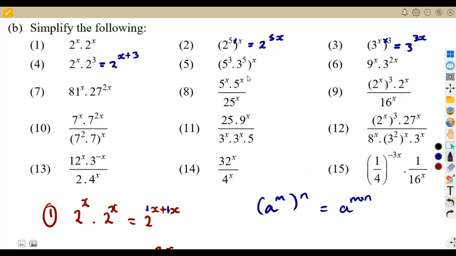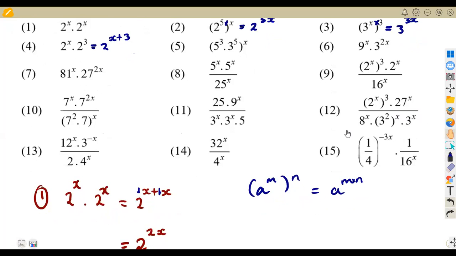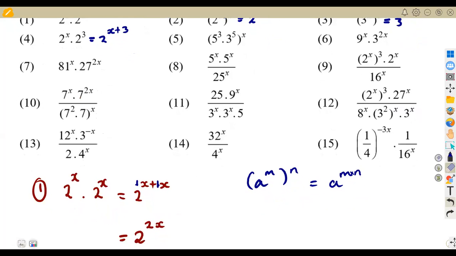All right, but on number 5, let me not remove this because we're going to need it. Let me just rewrite number 5 here because I need to explain one or two things. 5 to the exponent of 3 multiplied to 3 to the exponent of 5, then everything to the exponent of x.